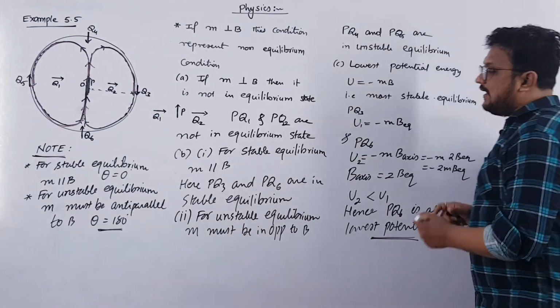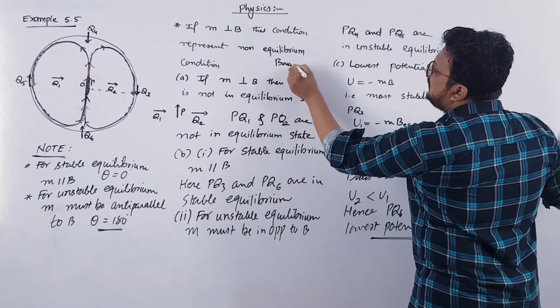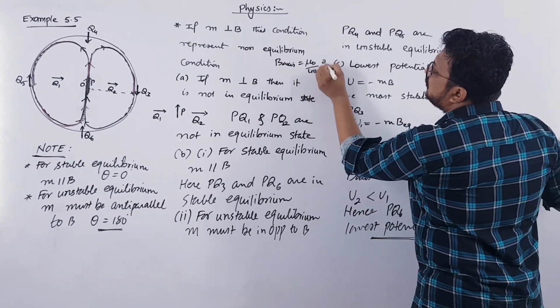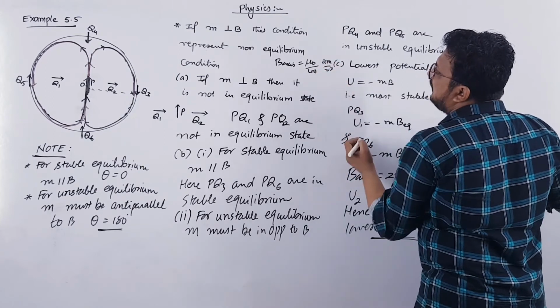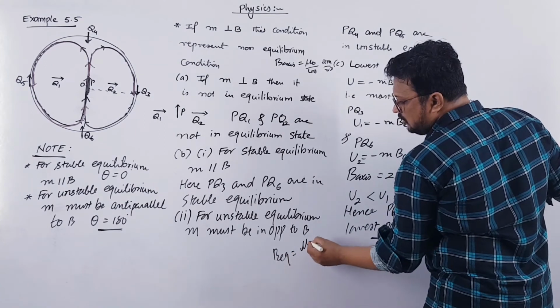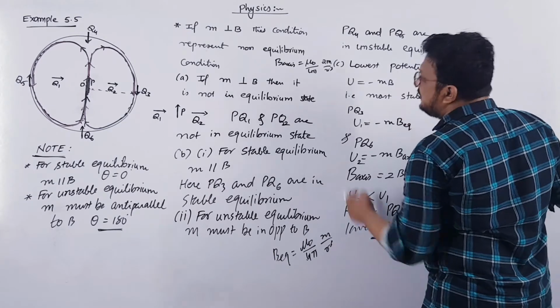If you want, we will write somewhere over here that B of axis is actually mu naught over 4 pi into 2m by r cube, and B of equator, let me write over here, B of equator is mu naught over 4 pi into m by r cube. Right, so here we have 2.